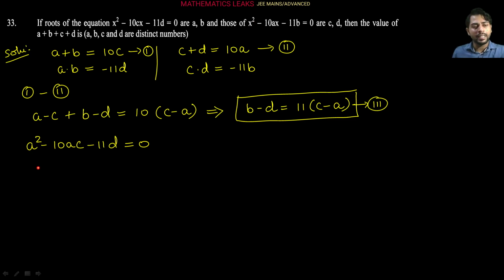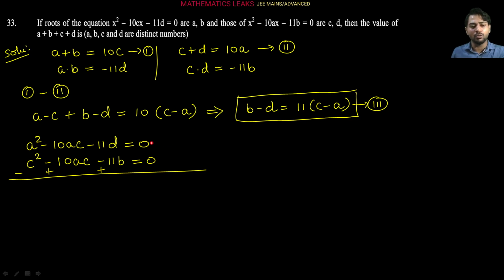We get c squared minus 10ac minus 11b equal to 0, right? So let's subtract these two equations.